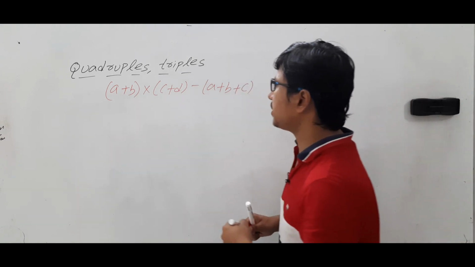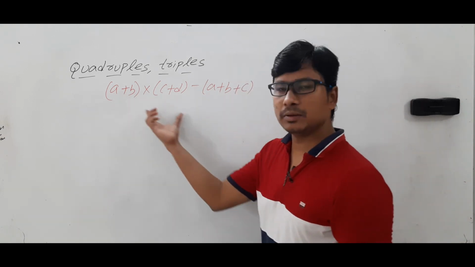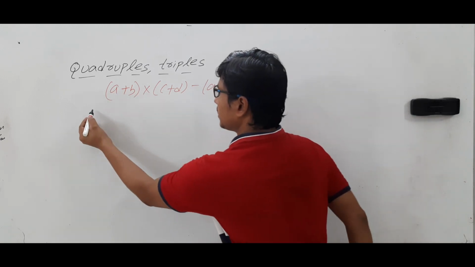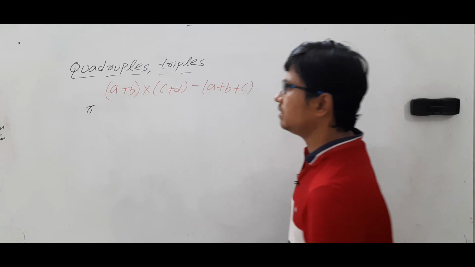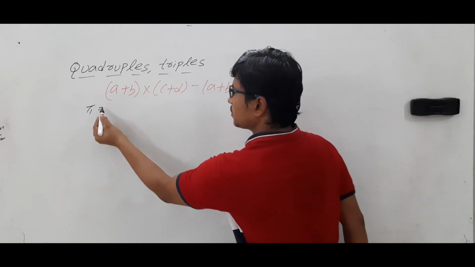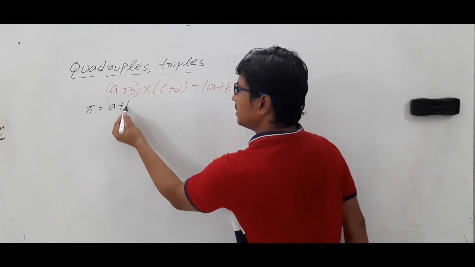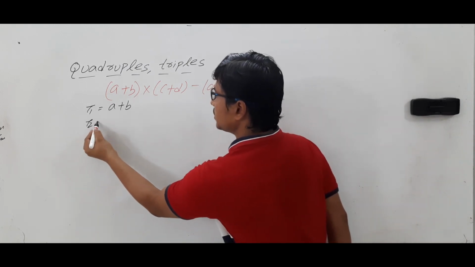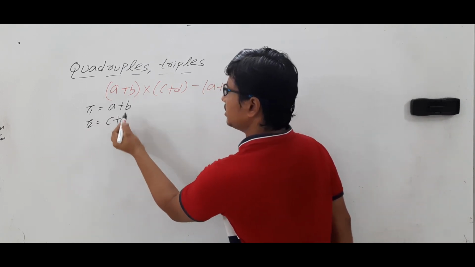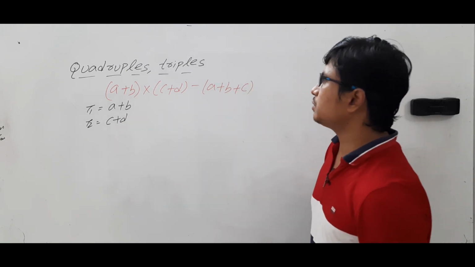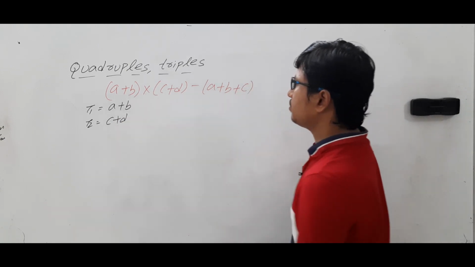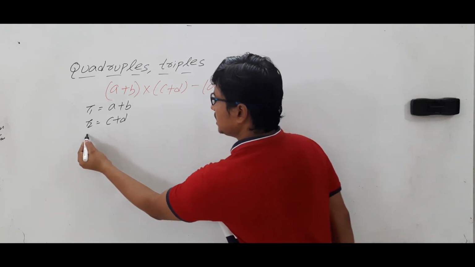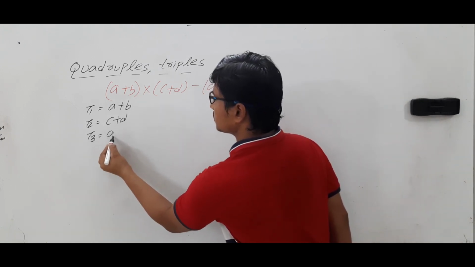As I need to apply the BODMAS rule, first I need to perform a plus b. So I will take a temporary variable t1 is equal to a plus b. Am I right? Similarly, t2 is equal to c plus d. Then I need to perform a plus b plus c again. So t3 is equal to a plus b.